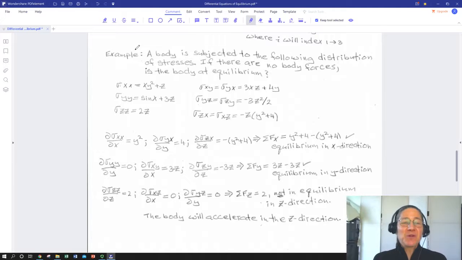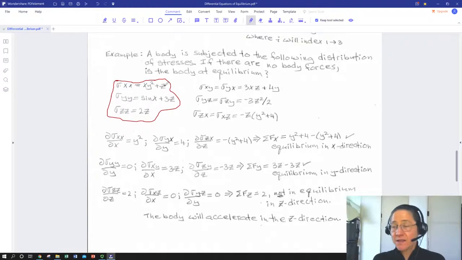So, here's an example of one case where someone developed these relationships. Here are our relationships of normal force. Our normal force in the x direction is a function of x, y, and z, increasing in each case. In the case of our normal force in the y direction, it's periodic in the x direction.